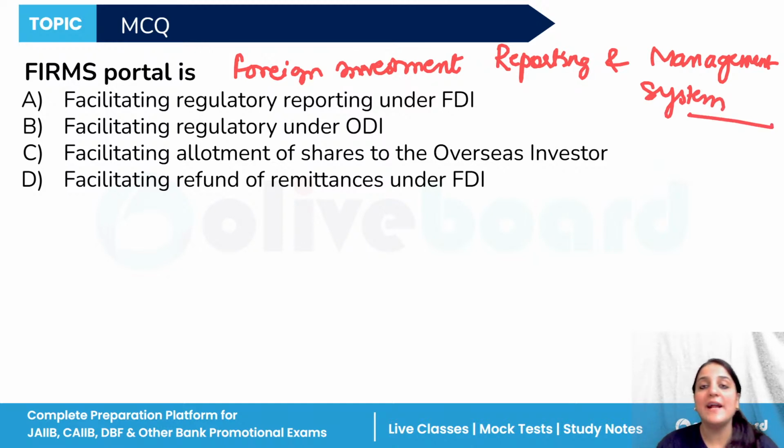This is designed to streamline the regulatory reporting process for FDI, and it enables companies to comply with reporting requirements related to FDI and provides a platform for submitting necessary documentation to the RBI and other regulatory authorities. So basically, the correct answer here is that the FIRMS portal facilitates reporting of remittances under the FDI. Understood?